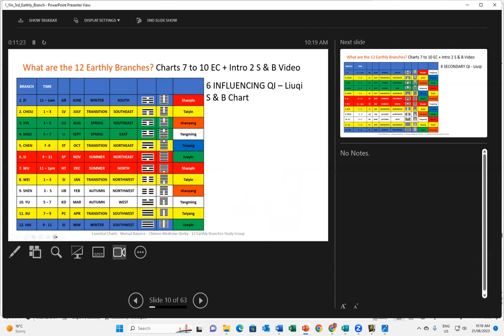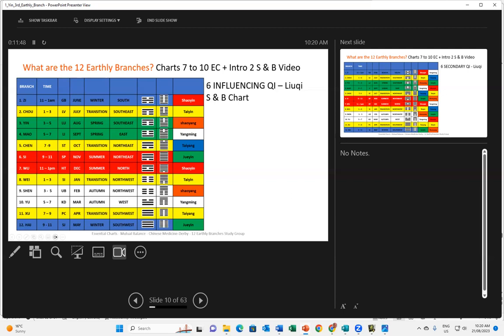So each year, each month, each hour and day, etc., will have an influence, for example, in the Gall Bladder of the Shaoyin. And these describe: Shaoyin is heat, Taiyin is damp, Shaoyang is fire, Yangming dryness, Taiyang cold, and Jueyin wind.